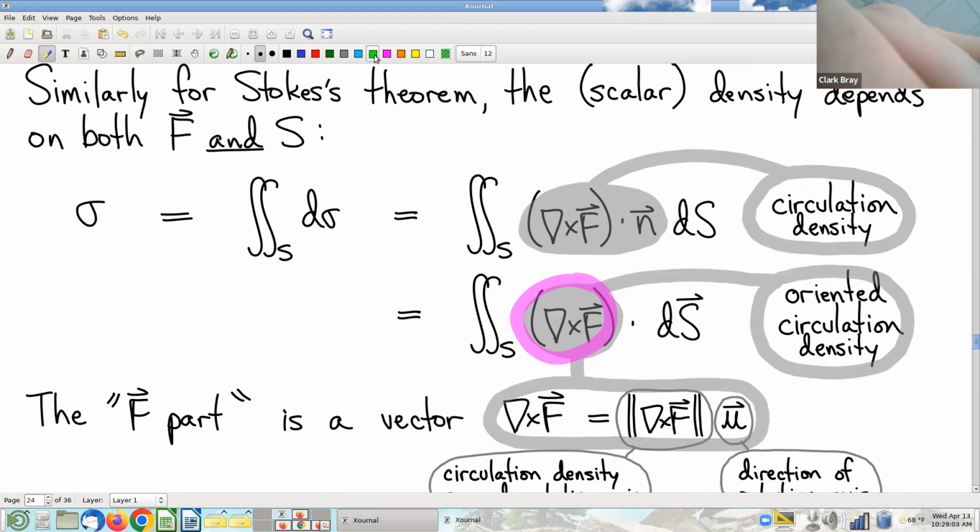Furthermore, I'm not scalar multiplying by size, but I am oriented multiplying by oriented size. Again, think about what this ds vector means, right? This goes back to 7.2, but this vector is telling you both the orientation and the size of that little piece of surface.